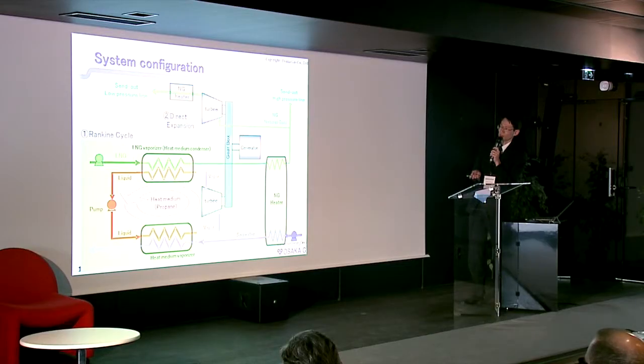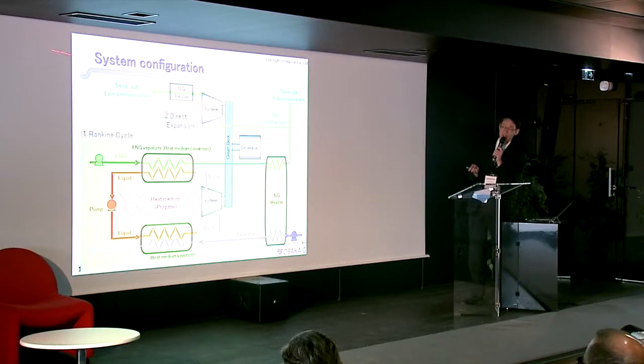And the vapor propane is condensed by LNG and pressurized and repeats again. LNG is vaporized here and superheated by seawater, and usually sent out to the high pressure line. But if we have a low pressure send out line, we can utilize pressure energy by rotating a turbine, and we can produce more electric power. But it depends on the trunk line situation.